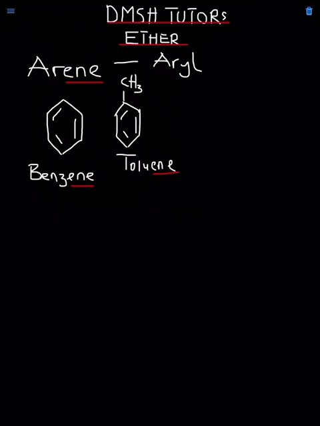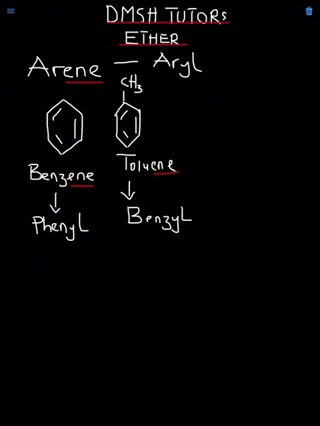In this case, benzene changes from benzene to phenyl. And as well, toluene changes from toluene to benzyl. So benzyl is the name of toluene when it is attached to another compound, or another atom.